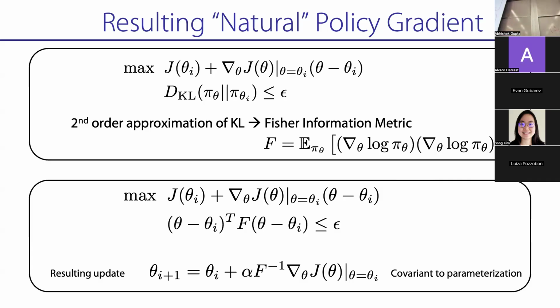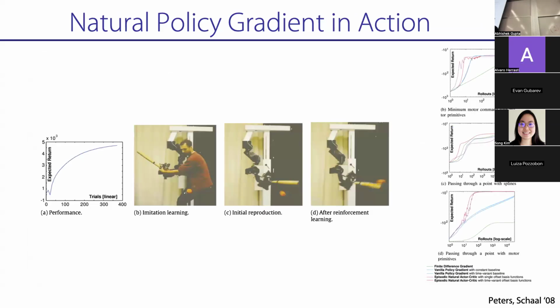That's what rescales your gradient so that it's not sensitive to the policy parameters, but rather respects the KL divergence between pi theta and pi theta I. Remember, this is the expected outer product of grad log pi theta with grad log pi theta transpose, which means it's an n by n matrix. And so you have to precondition your gradient by this n by n matrix inverse. Okay, so this tends to work pretty well in practice.